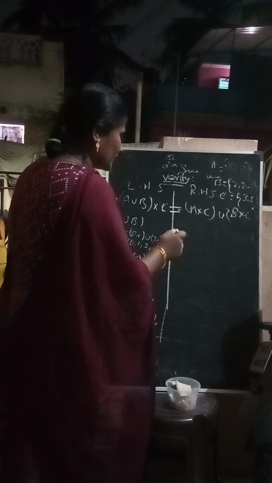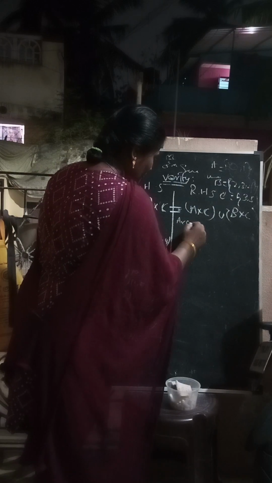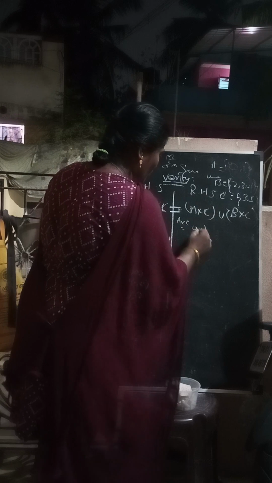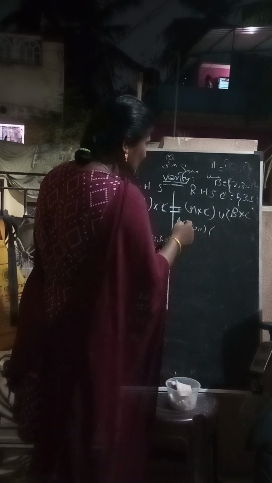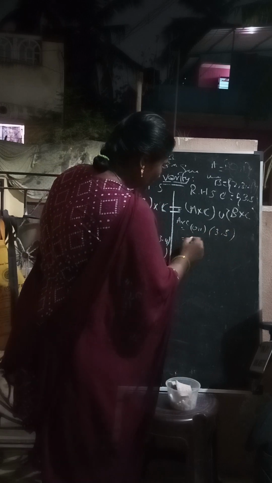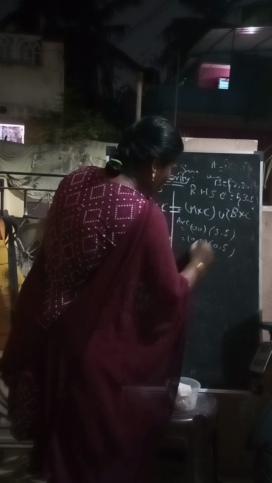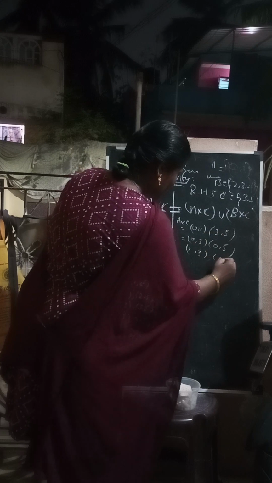Let us move on to the RHS part. First we find A cross C. What is A? A here is 0, 1. Cross product with C, where C is 3, 5. Then multiplication: (0,3), (0,5), then (1,3), (1,5).